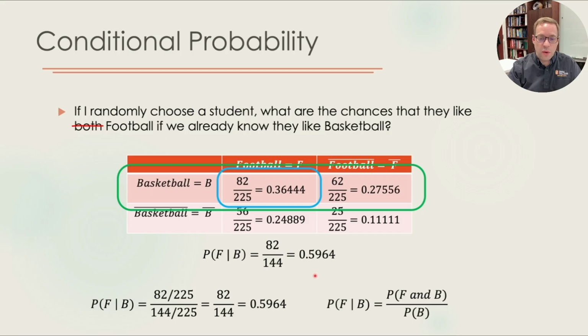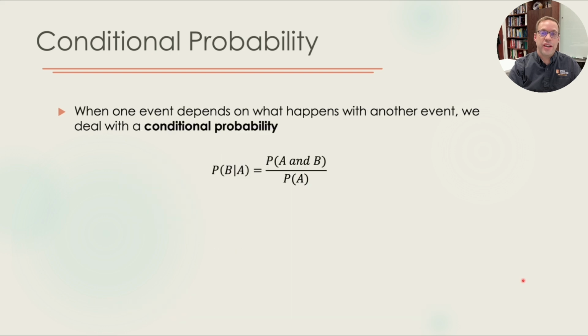And right here, we just derived the equation for conditional probability. When one event depends on what happens with another event, we deal with conditional probability, and we can find the probability of B given that A has already happened by finding the probability of A and B divided by the probability of A.